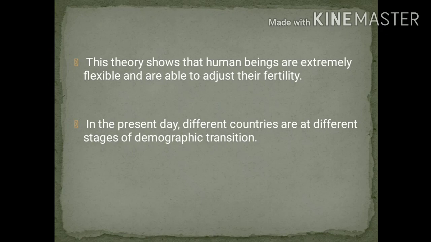In the present day, different countries are at different stages of demographic transition. That I have already told you: in stage 1 we have Bangladesh, in stage 2 we have Peru, Sri Lanka, Kenya, and in stage 3 we have developed countries like Canada, USA, Japan, etc. So all the countries have people who are flexible and able to adjust their fertility, and different countries are at different stages of demographic transition.